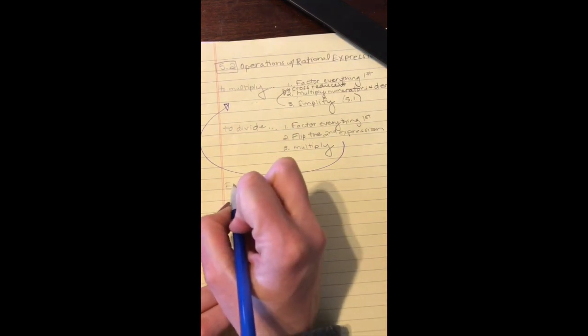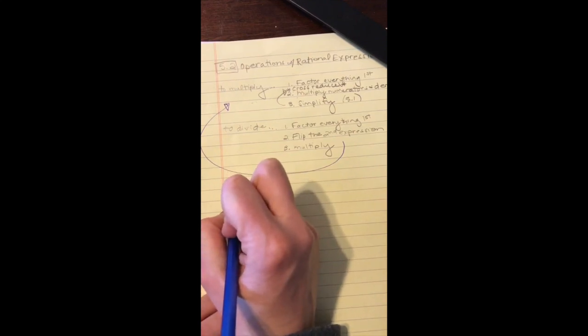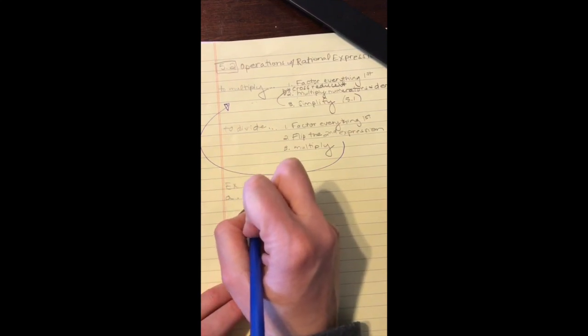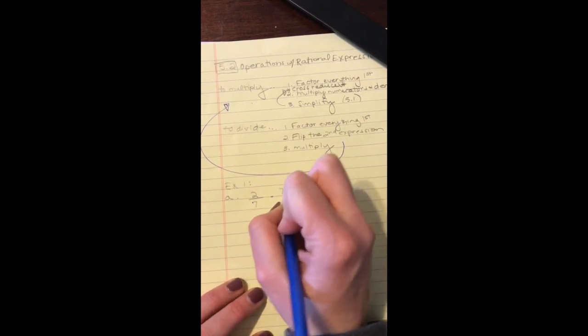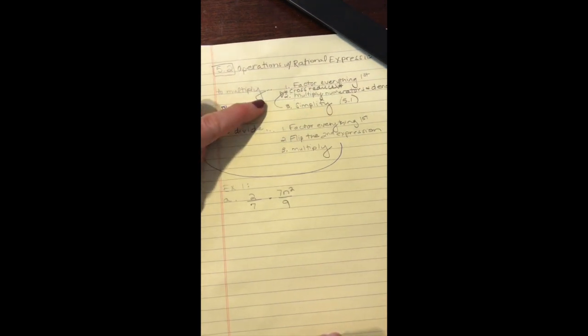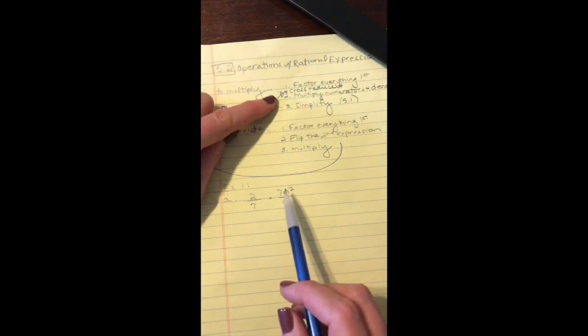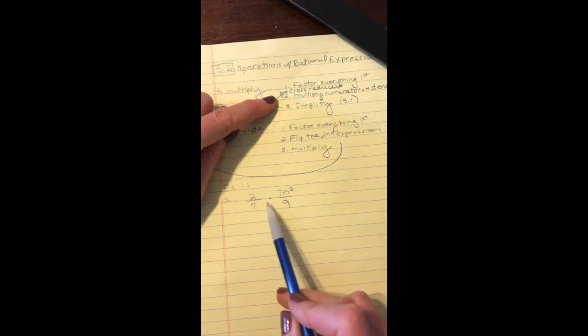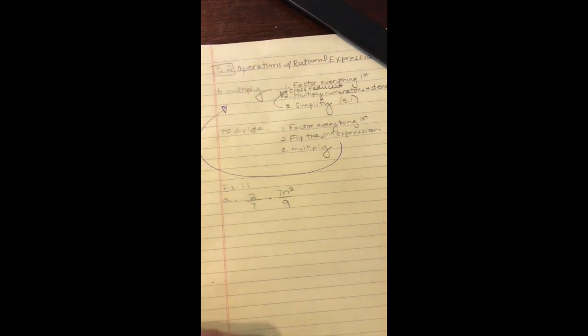Example 1, part A. If we had 2/7 times 7n squared over 9. We're multiplying, so we're going to apply these steps. Factor everything. Everything is factored. Cross-reduce. So that's where we look at the diagonal and see if there's any common factors in here.